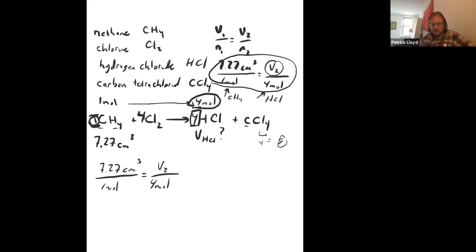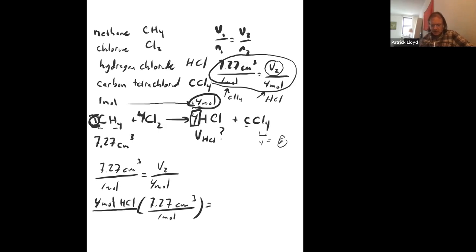Okay. If you want to find out what V2 is, you multiply both sides by 4 moles, right? It's HCl, but whatever. 4 moles times 7.27 centimeters cubed per 1 mole.